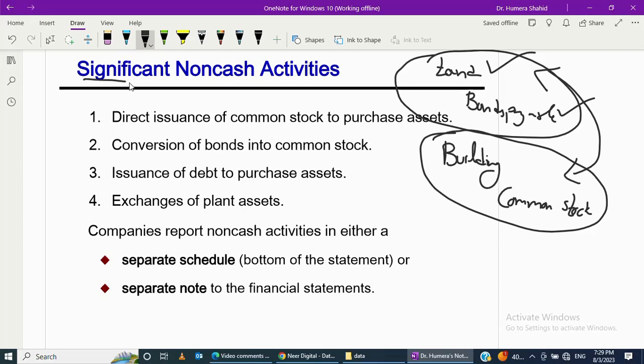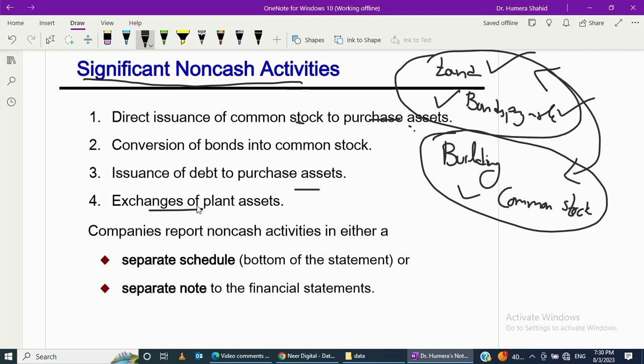So what are the significant non-cash activities? Let's suppose you directly issue common stock to purchase an asset like a building, or you are converting bonds into common stock, so bonds get debit, common stock gets credit. Or you purchase an asset and you issue debt, like this example, bonds payable gets credit. Or you actually exchange one asset with someone.